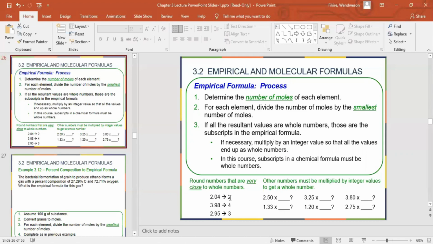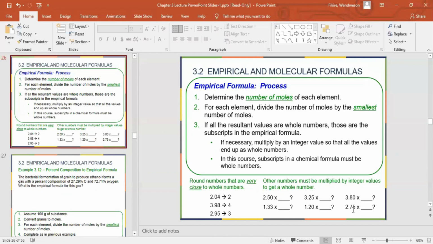You don't have to multiply by an integer. It's like 2. If you get 3.98, you can round it to 4. If you get 2.95, you can round it to 3. This is very close to 3. But if you get 2.5, 1.33, 3.25, 1.20, 3.80, 2.75, they're not something that you can round up.